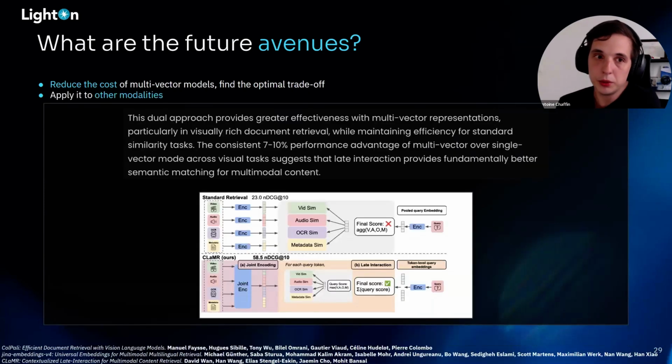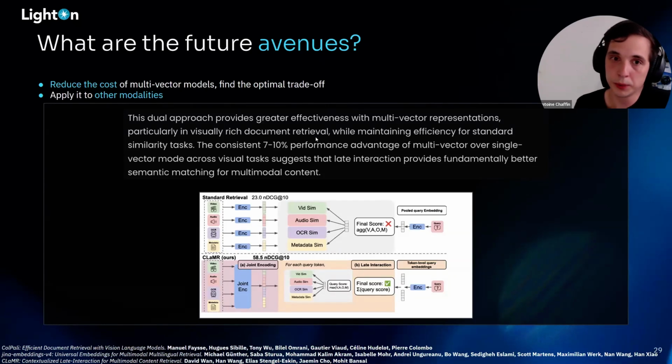Another promising avenue is applying late interaction to modalities other than just text. You might have heard of the ColPali approach, which essentially enabled OCR-free RAG pipelines by applying ColBERT to text-image retrieval. And Jina recently released a model trained to do image-text matching with both a single-vector mode and a multi-vector mode.